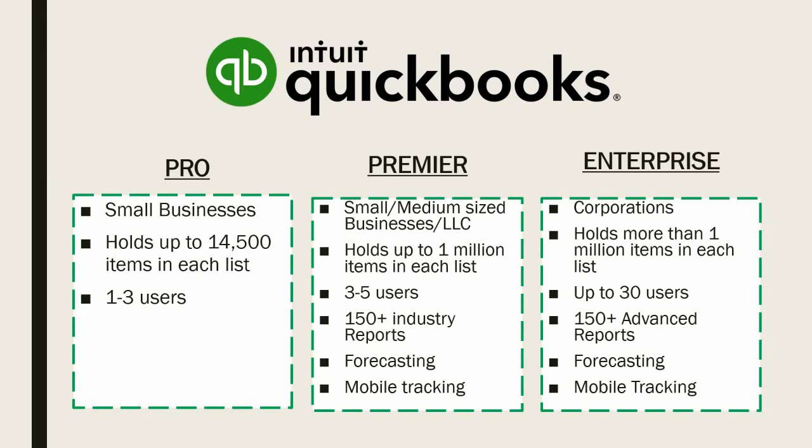But if you are hiring other individuals for other positions, such as a sales representative, or someone who's in charge of payroll, HR, or accounts receivable and accounts payable, so AP and AR, and they need to have access to these files without having to share one computer, then that's the idea of having multiple users be able to access the file at one time. And of course, this has over 150 industry specific reports.